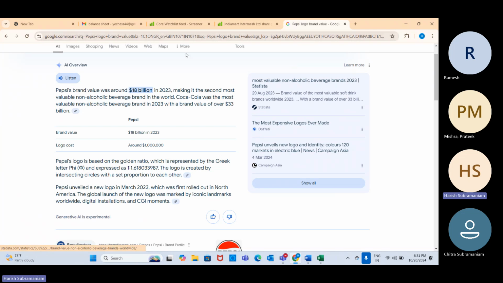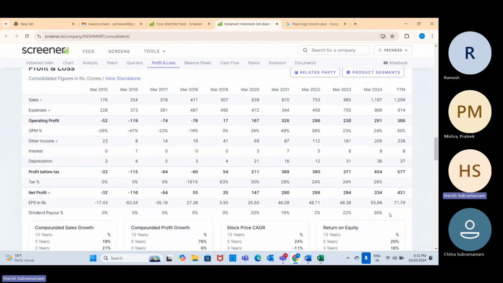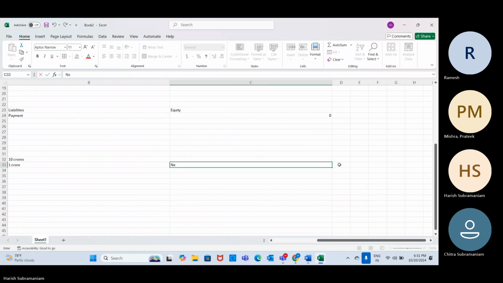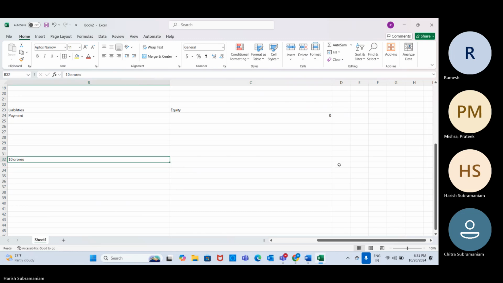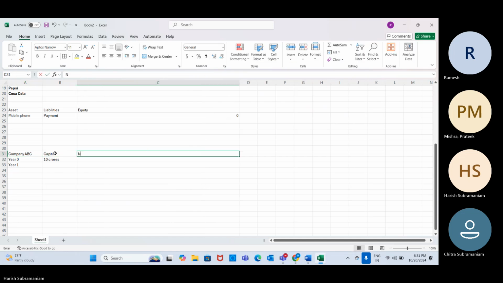In the income statement, when we go to the income statement, we will find the net profit, and let's say the company has made a net profit of 1 crore. Okay, and then at the end of the first year.